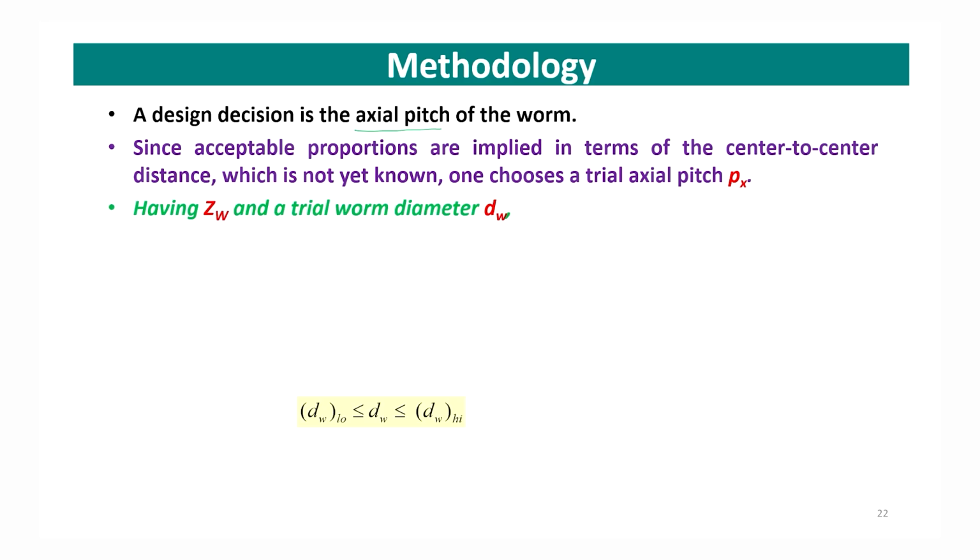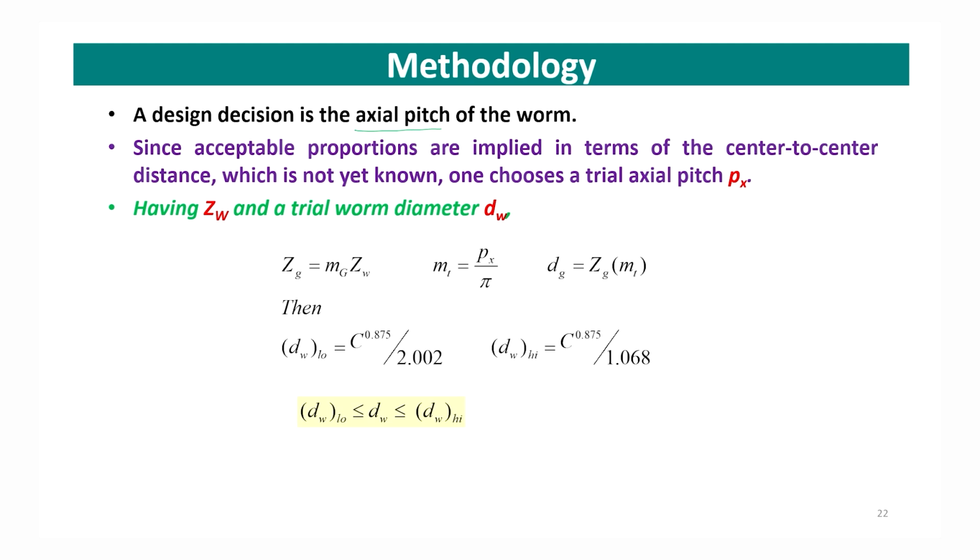Having Zw and a trial worm diameter Dw, we get the number of teeth on the gear required, which is equal to the velocity ratio multiplied by the number of starts, or the number of threads, or teeth on the worm.